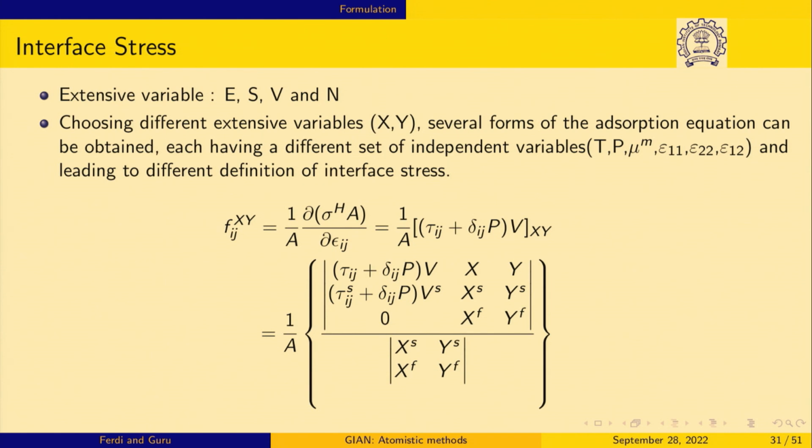So, Fij is the surface stress, but it can be evaluated in many different combinations, keeping E, S constant, S, V constant, V, N constant, N, epsilon constant, whichever way you want. And all of them will lead to different kinds of T constant, P constant, or T and mu constant and so on. So, all of them will lead to different stresses.